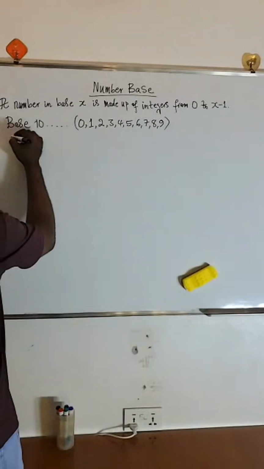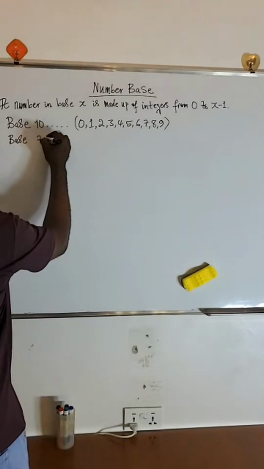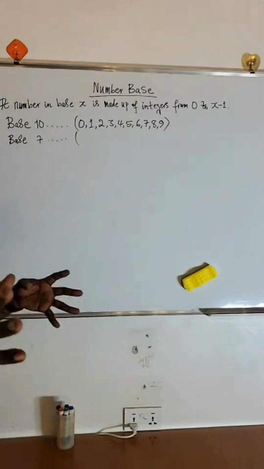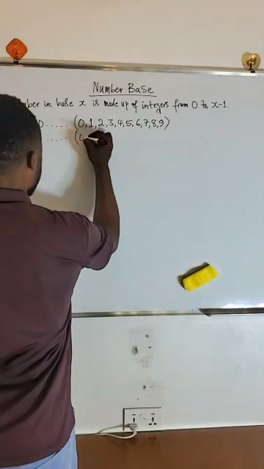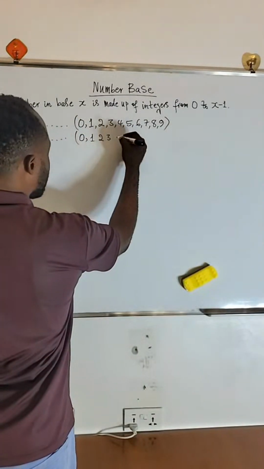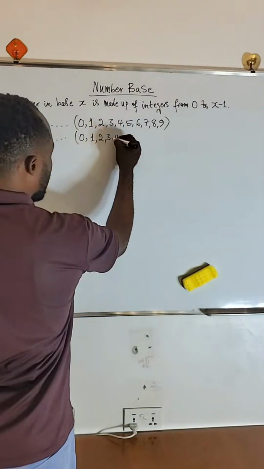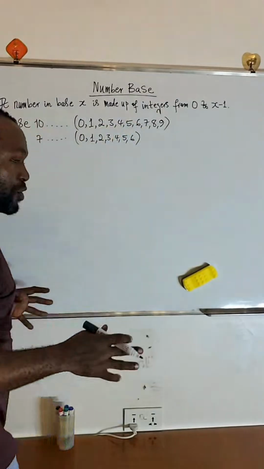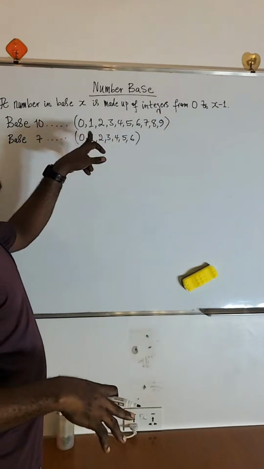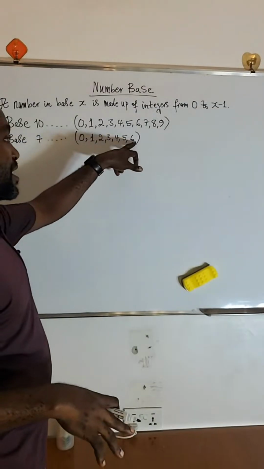For instance, if you are working in base 7, you will have numbers ranging from 0 to 6. So if you are working in base 7, you cannot have any integer as 7. So you can have integers from 0 to 6.